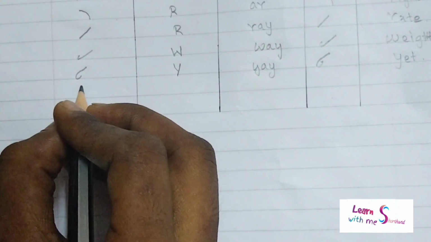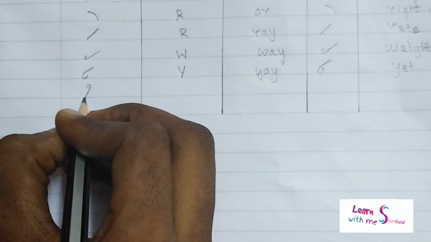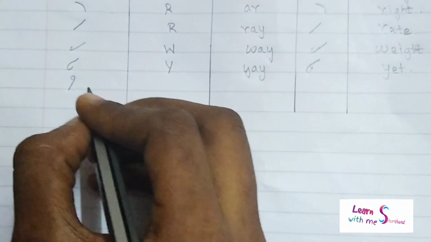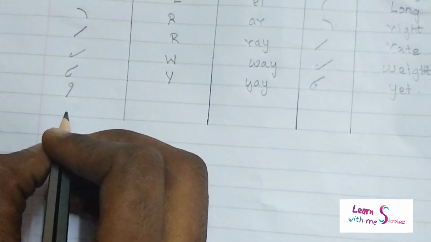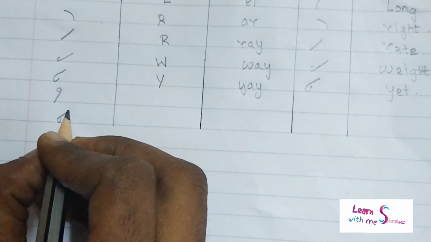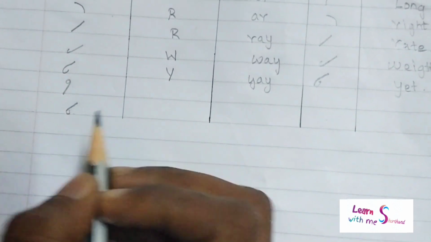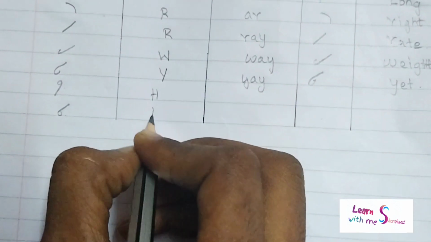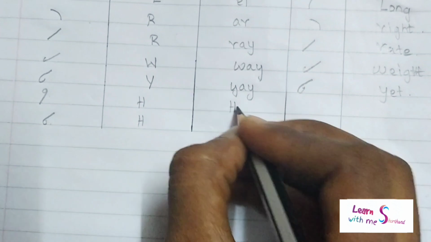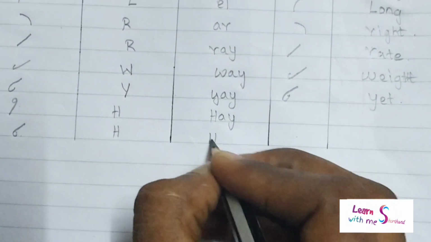The next stroke is hay. We have two hays. The first one is this and the second one is this. Both are pronounced the same.